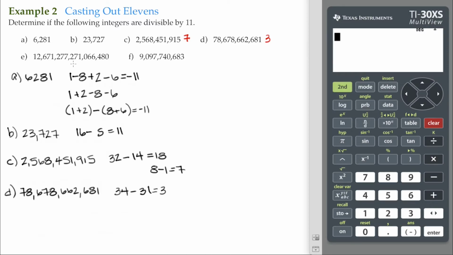Let's take a look at E. Now, I'm not going to write out this whole number here. So if you could follow me up on top up here, starting at the rightmost digit and counting backwards every other number. 0 and 4, there's 4. 6 more, there's 10. 1 more is 11. 2 more is 13. 7 more is 20. 1 more is 21. 6 more is 27. And 1 more is 28.